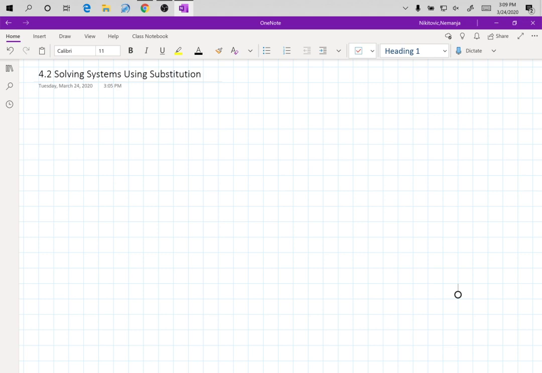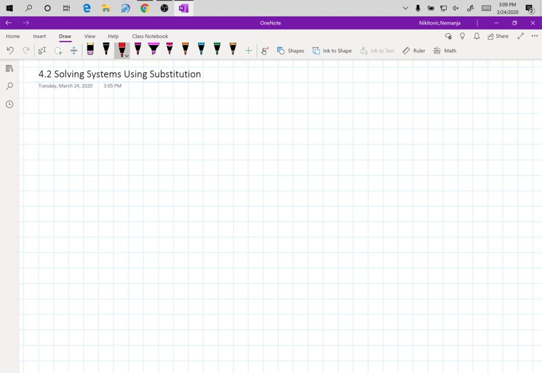If we have a system of two equations, say the good old ax plus by equals c and dx plus ey equals, let's say, f, these two equations together are called a system of linear equations.